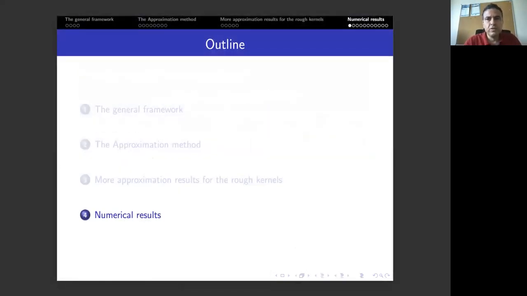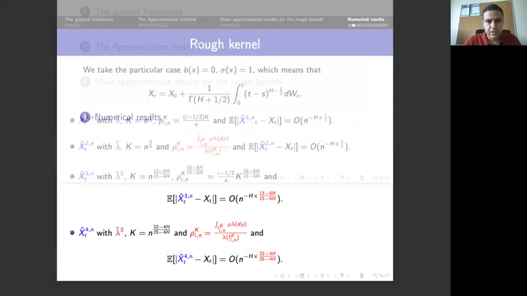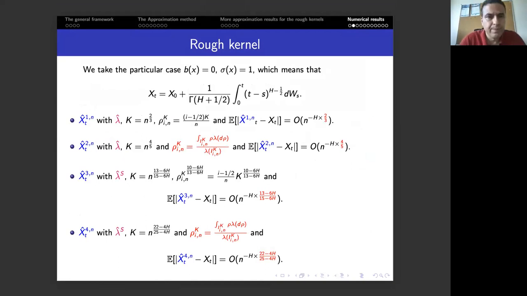So let me now move to the numerical results to illustrate what we obtained so far. For the illustration, we consider the rough kernel, and we take a very specific stochastic Volterra equation that corresponds to a drift coefficient equal to 0 and a diffusion coefficient equal to 1.